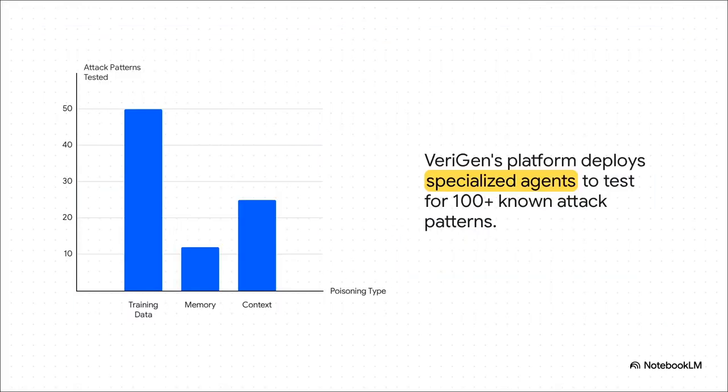So how does a platform like this actually work? Well, using Verijan as our example, it basically unleashes a team of specialized software agents. And, as you can see, each agent has its own focus, its own mission, collectively testing for over 100 known attack patterns. This isn't just one check, it's a deep dive investigation from multiple angles.